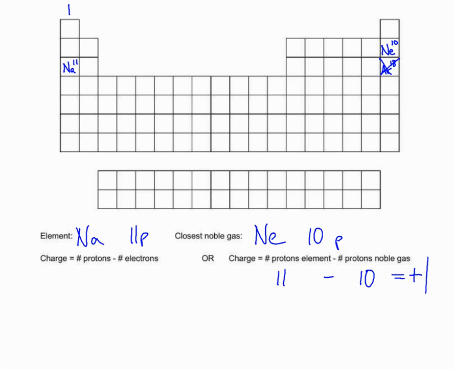What's really happening here is that sodium has 11 electrons, and as it becomes an ion, it loses one, and it only has 10. Lose one electron. And so to go back to the definition, the charge is: it has 11 protons minus the ion's going to have 10 electrons, and again, we get positive 1.